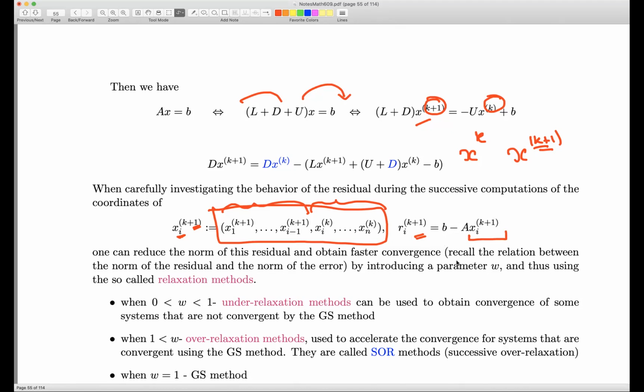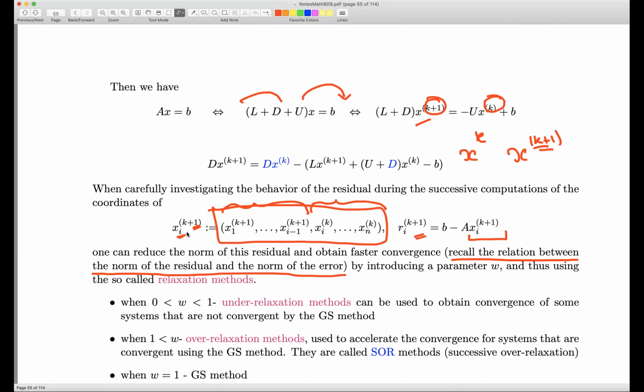Recall that in the lecture last week, or maybe the week before, we discussed the relation between the norm of the residual and the norm of the error, and that we are interested in finding a vector for which the residual is small, because a small error could be magnified by the condition number of the matrix, but nevertheless, it is good to have a small norm of the residual.